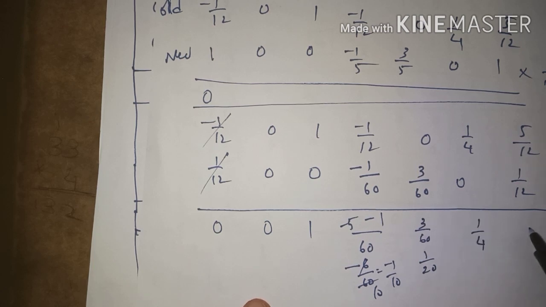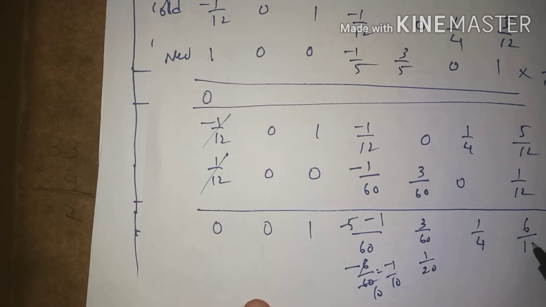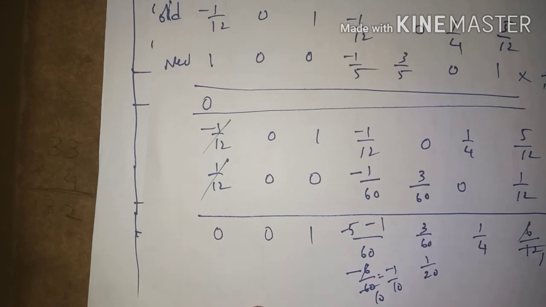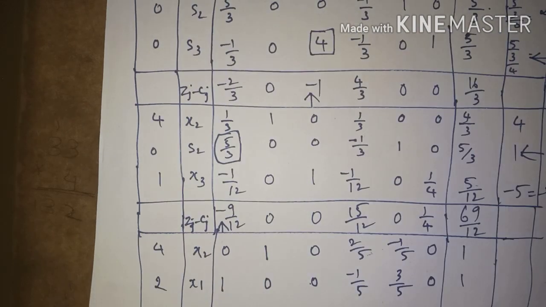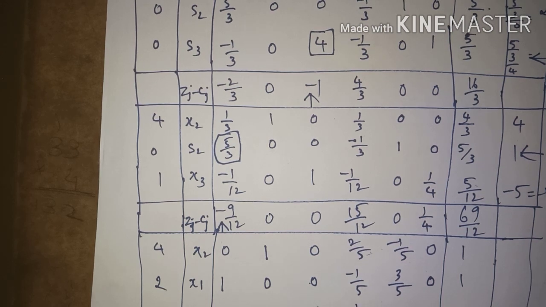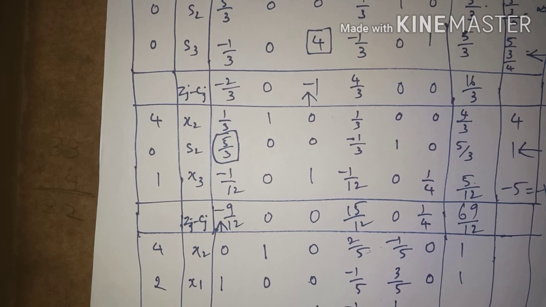Here 12 is LCM. 5 plus 1 is 6 by 12. 6 by 12 is 1 by 2. So the row is 0, 0, 1, minus 1 by 10, 1 by 20, 1 by 4, 1 by 2.